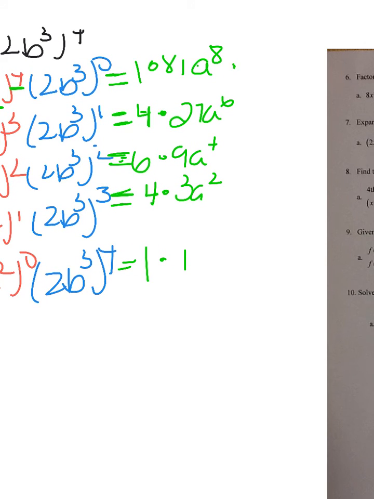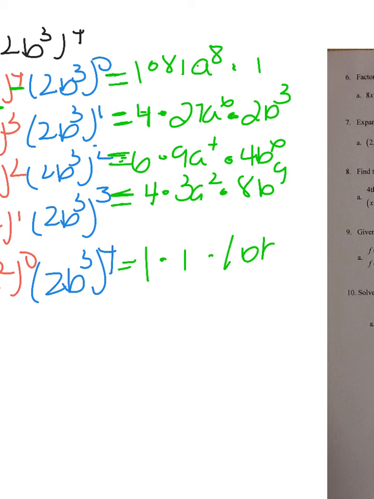Then I have times 1 times 2b to the 3rd times 4b to the 6th times 8b to the 9th times 16b to the 12th.